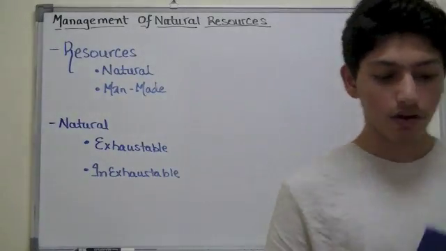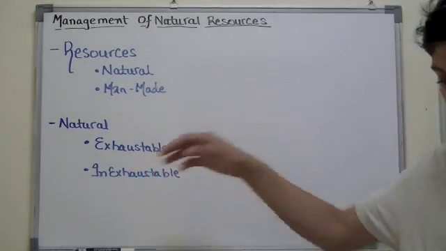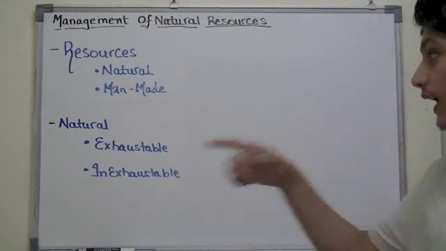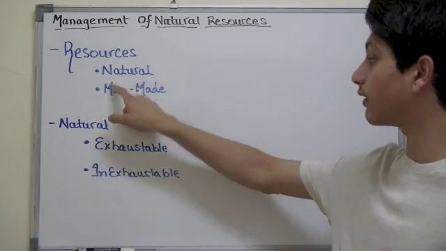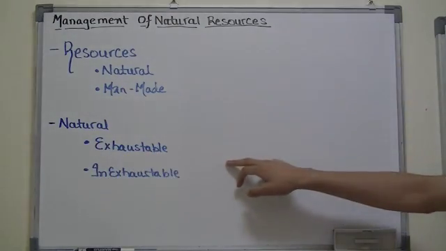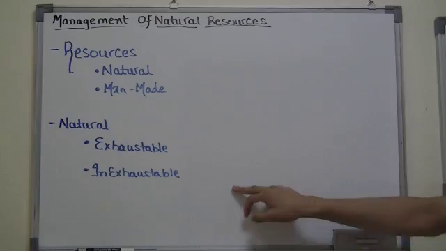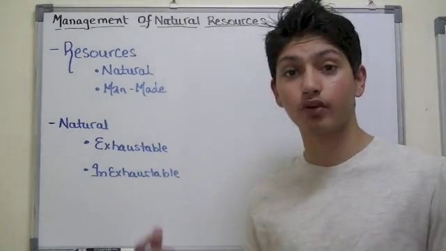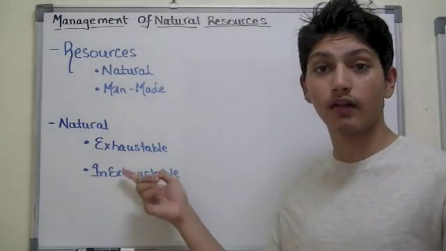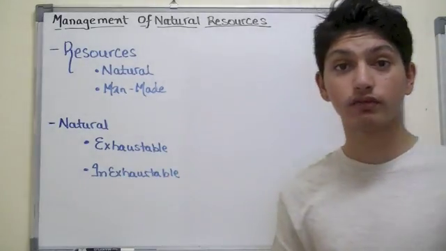Okay, now on the basis of availability, the natural resources, as you can see, can be divided into two groups: exhaustible resources and inexhaustible resources. Now what we are going to do is elaborate each of these aspects of natural resources.